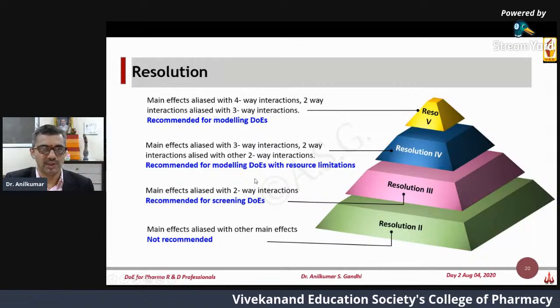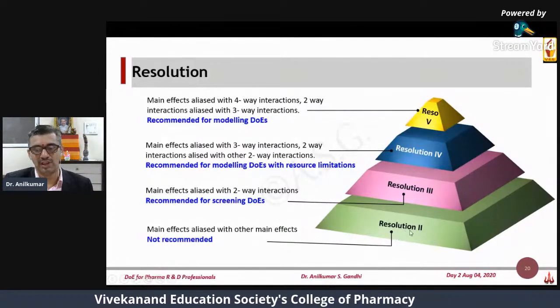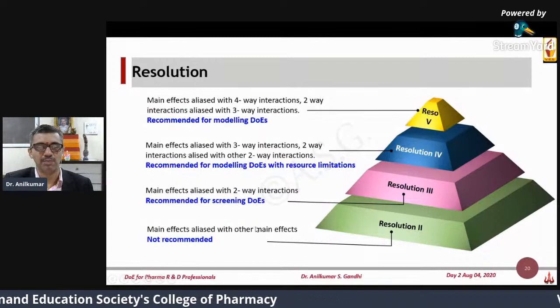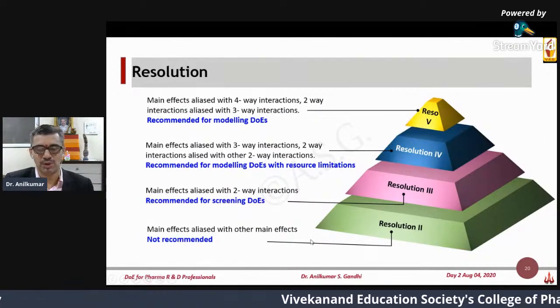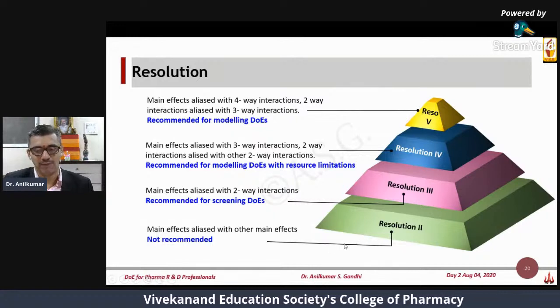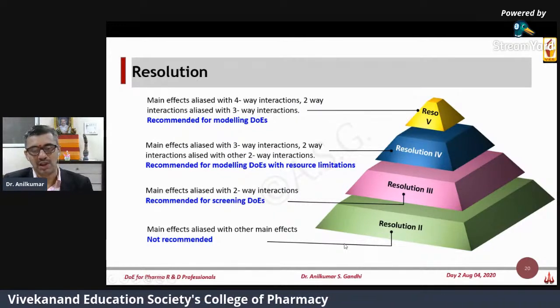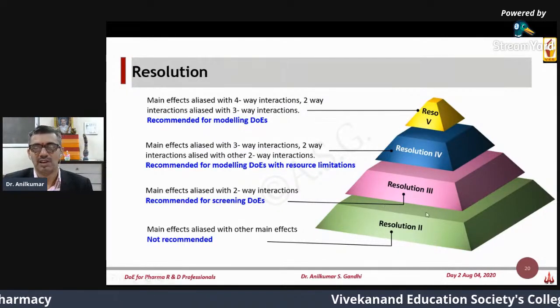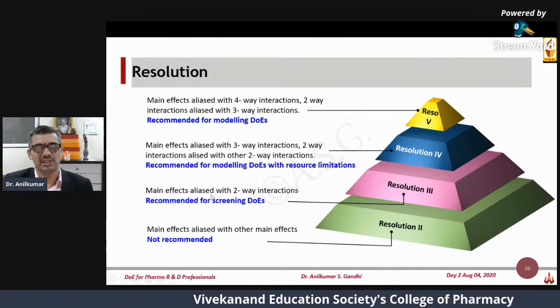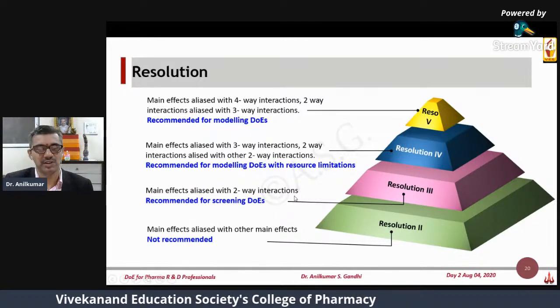For us right now, it is important to know that if you have a resolution 2, then main effects are aliased with one another, and therefore it is not recommended at all, which means that effects of two factors themselves will appear similar. Resolution 3, main effects are aliased with two-way interactions.